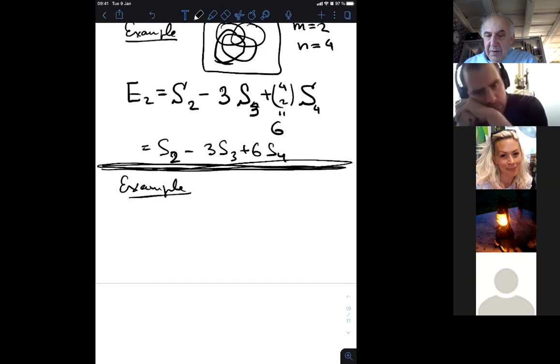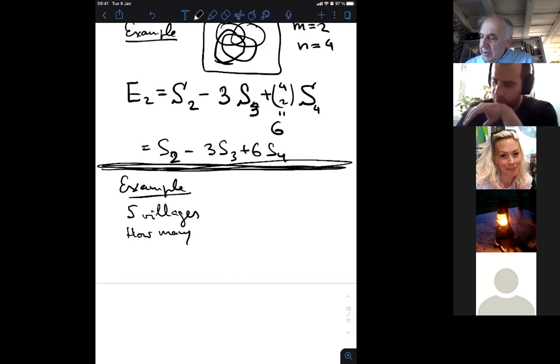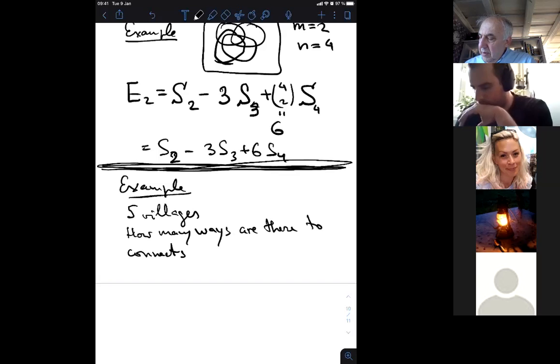Say we have 5 villages. How many ways are there to connect them by a roadmap?